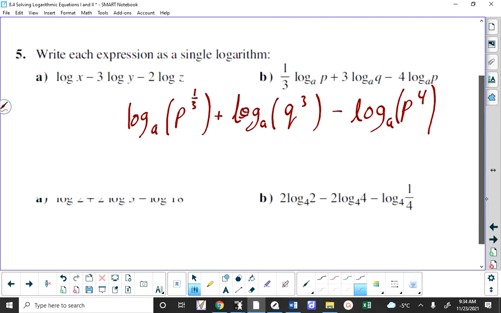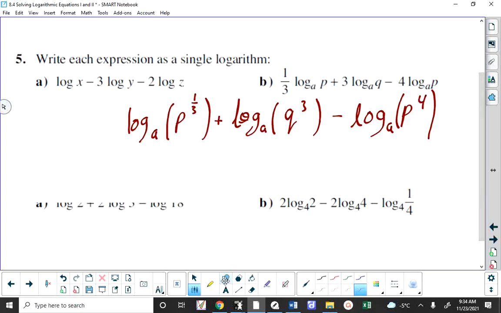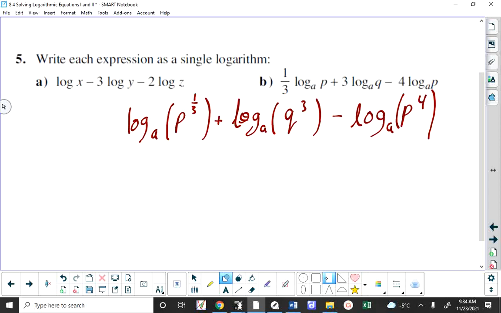And again, rather than dealing with the product and quotient laws separately, we can just put them together and say, if the logarithm is positive, the argument will go in the numerator of the single logarithm's argument.